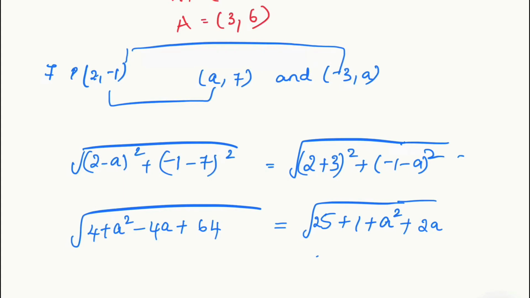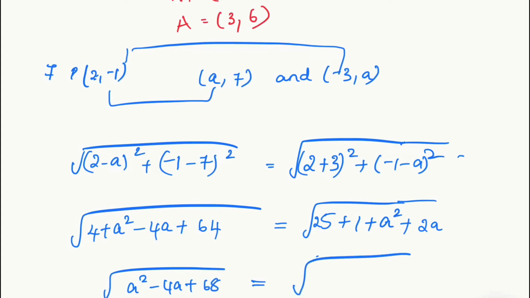Now what do you get here? Root of a square minus 4a plus 68 equal to root of a square plus 2a plus 26.